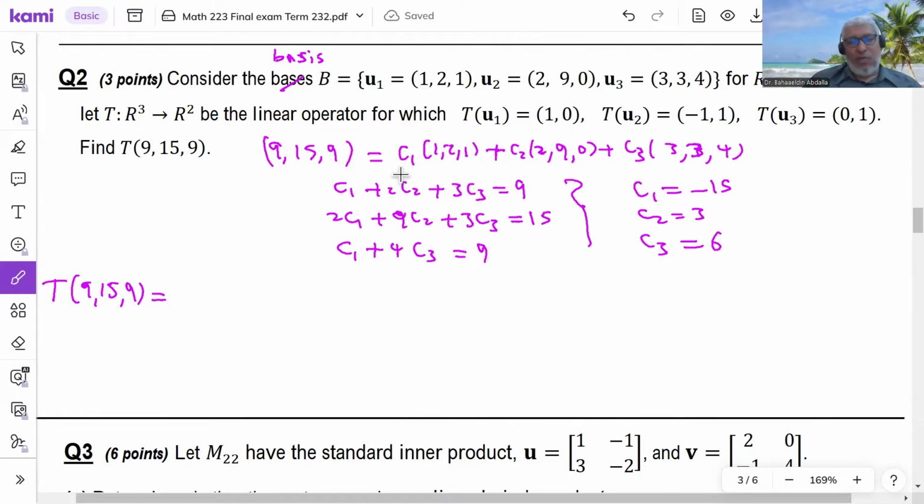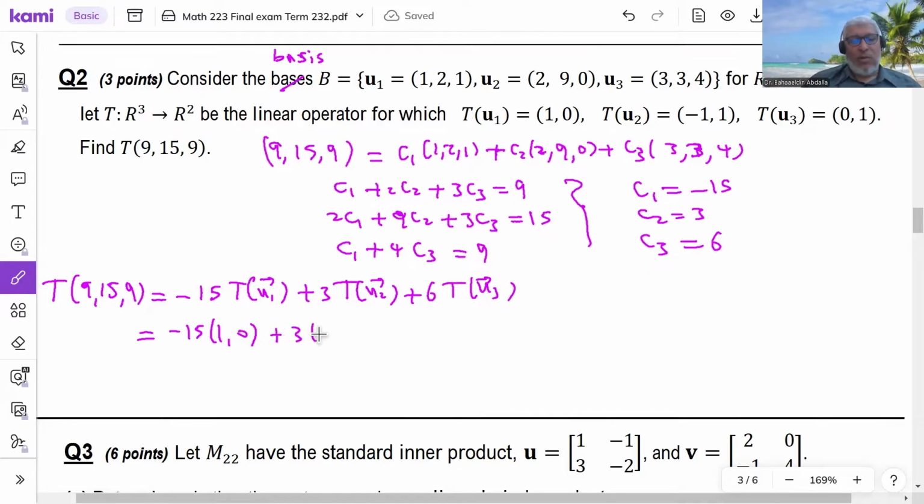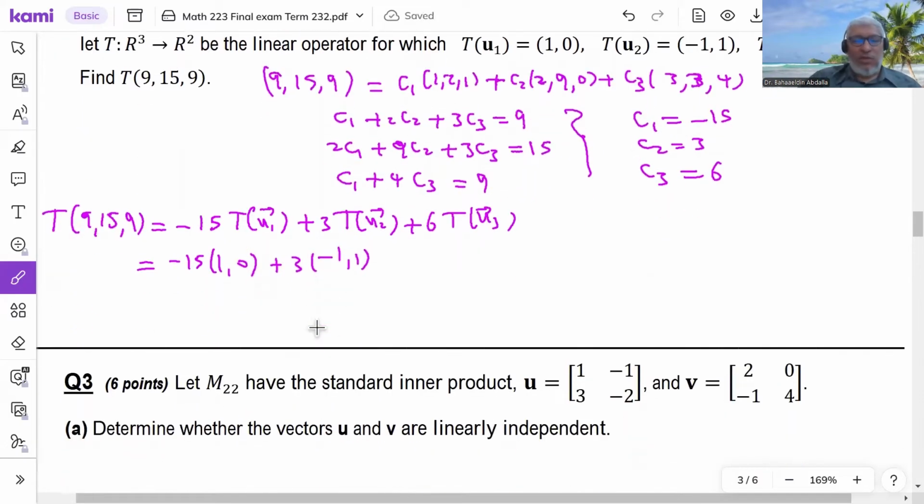It would be equal to C1, which is negative 15, times TU1, plus C2, which is 3, times TU2, plus C3, which is 6, times TU3. So it would be negative 15 times TU1, which is given, it's (1, 0). TU2 is given, it's (-1, 1). And TU3 is (0, 1).